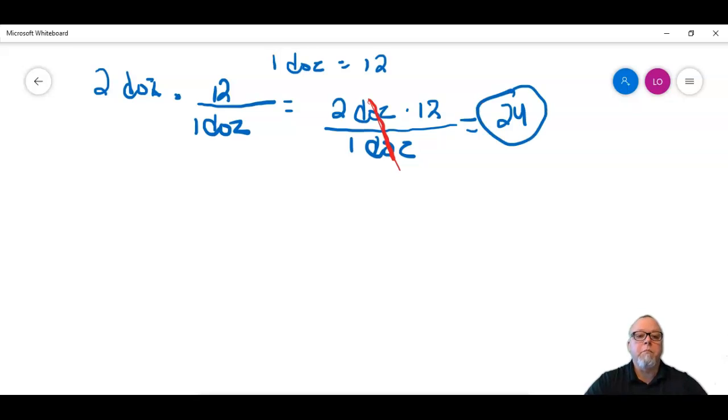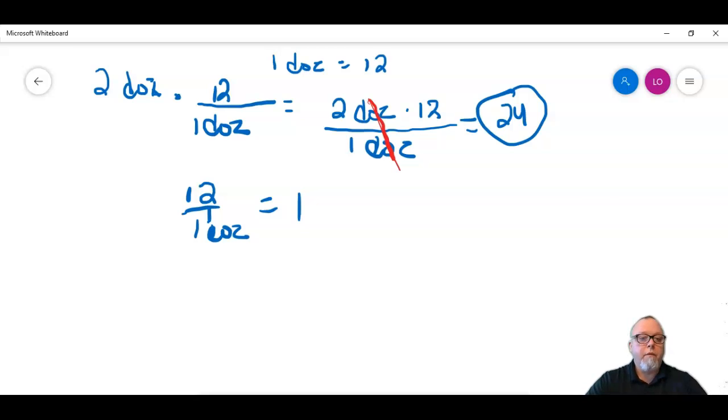And the mole is no different. What happens here is because 1 dozen and 12 are equal, if I divide them, that is equal to 1. So if I have 12 over 1 dozen, that is equal to 1. Sorry about that.